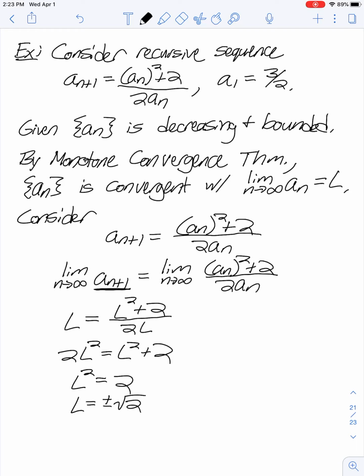And then if I subtract an L squared from both sides, we have L squared equals 2. So our limiting value for L could be plus or minus the square root of 2.